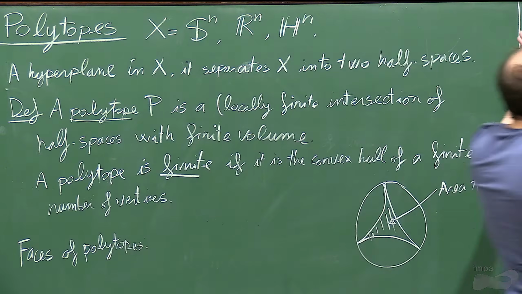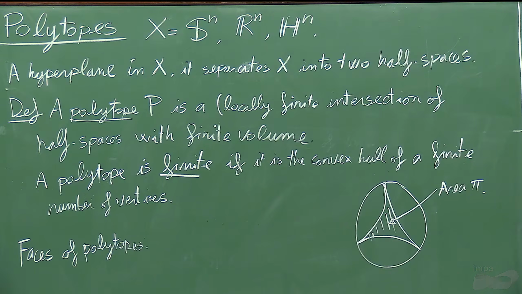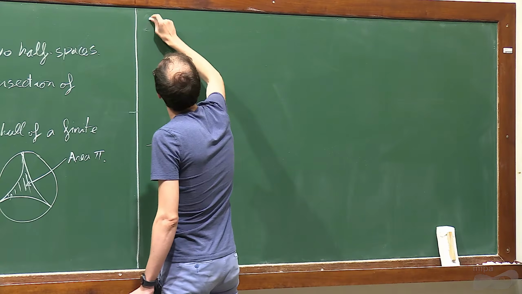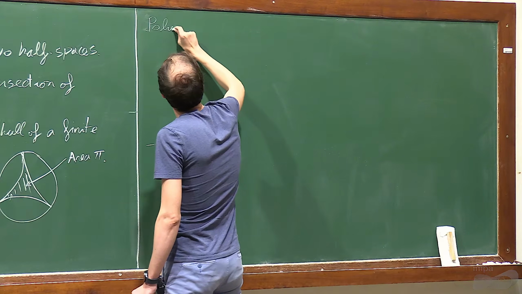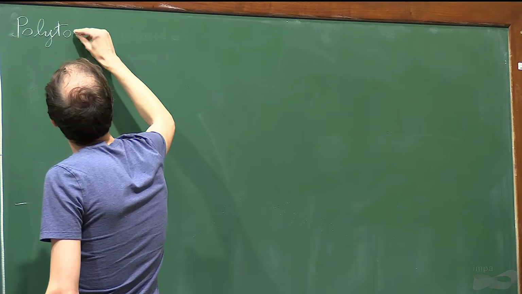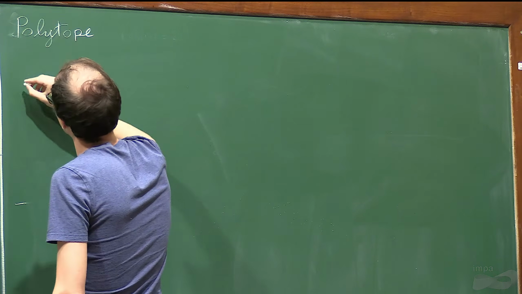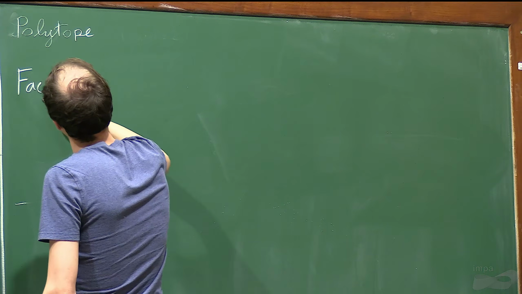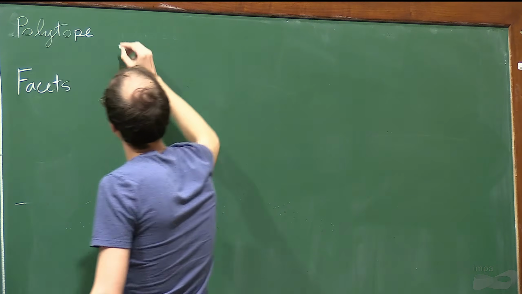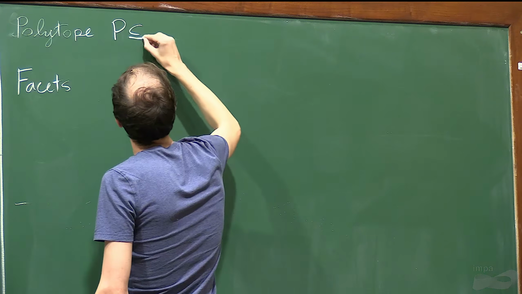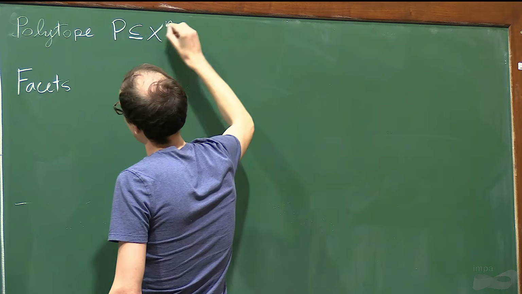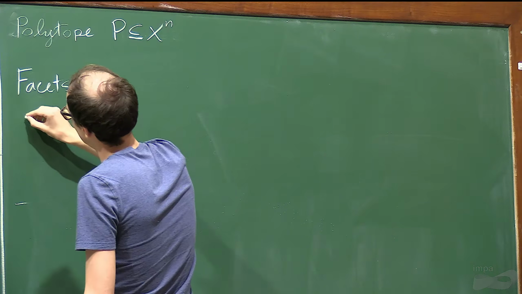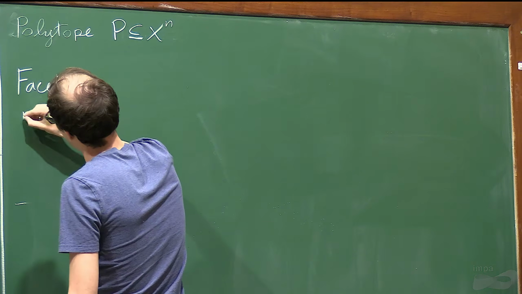Combinatorially, I can also see the polytope as a poset of its faces. So a polytope P inside a space of dimension n has its facets. I will call a facet an (n-1)-face of the polytope.